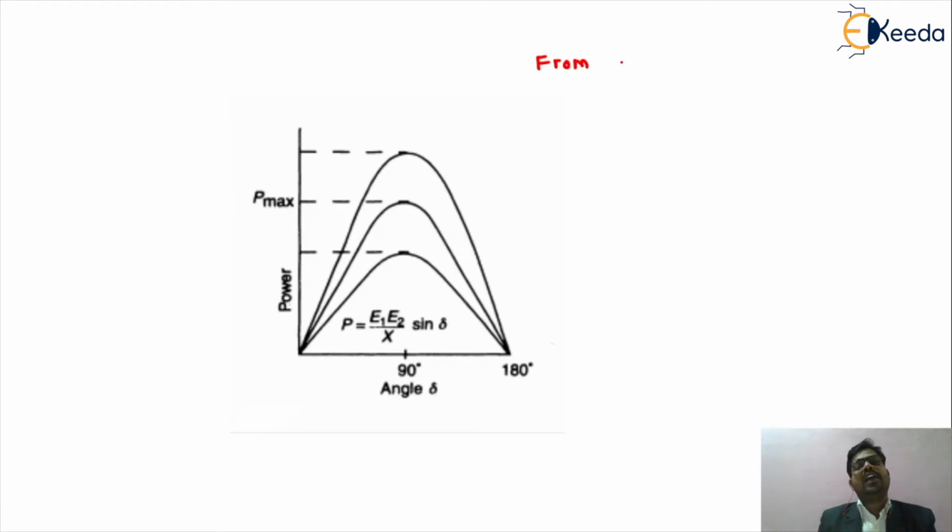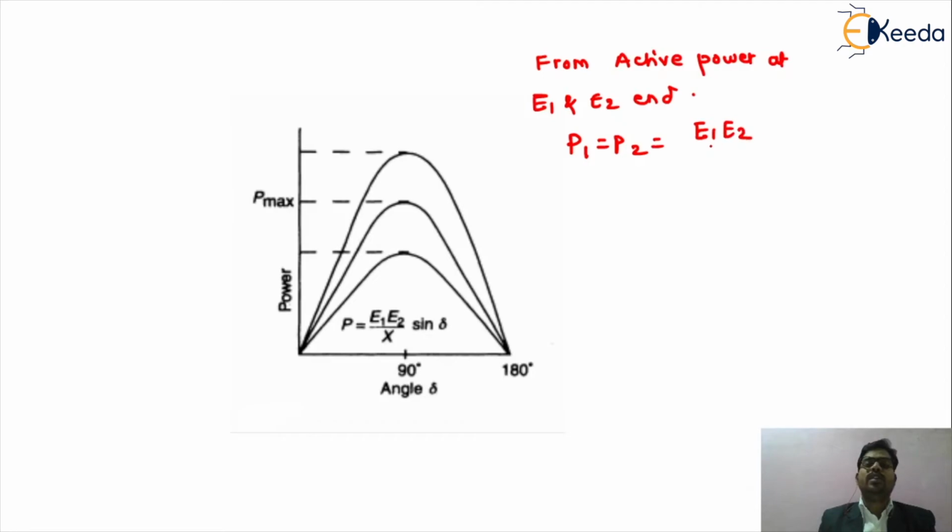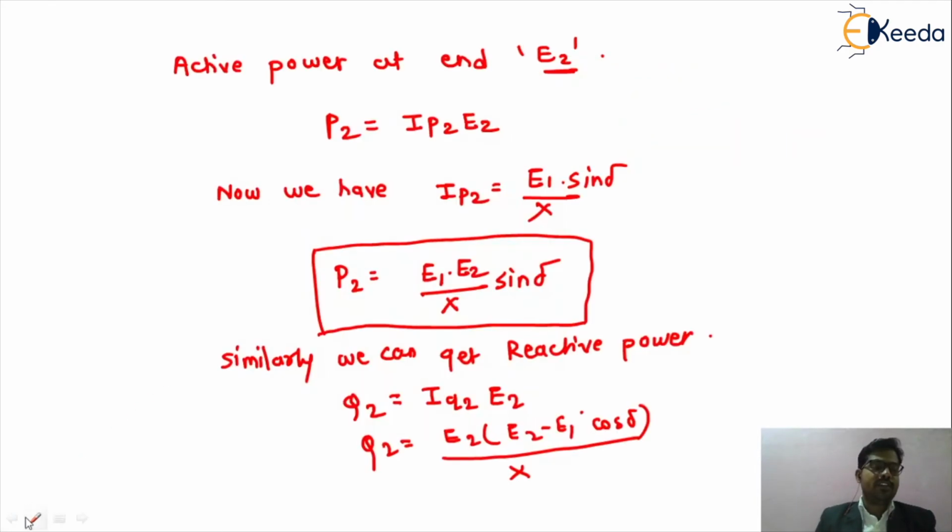From active power at E1 and E2 end, the values of P1 and P2 are all equal to E1 into E2 divided by X into sin del. We have already derived these equations. This is the value of P2: E1, E2, X into sin del.